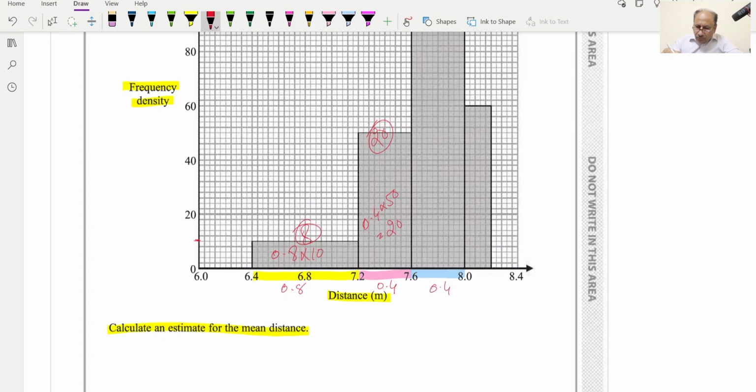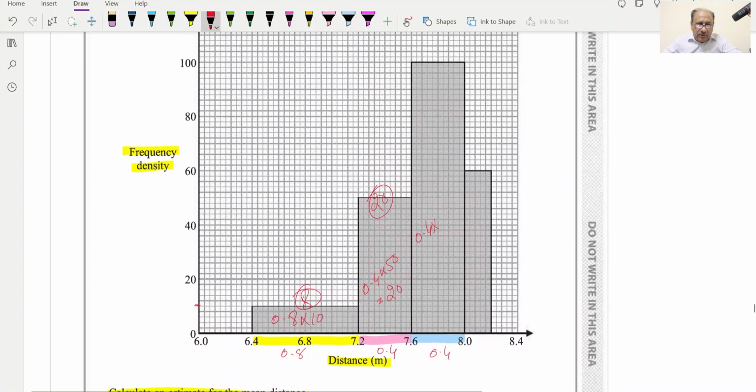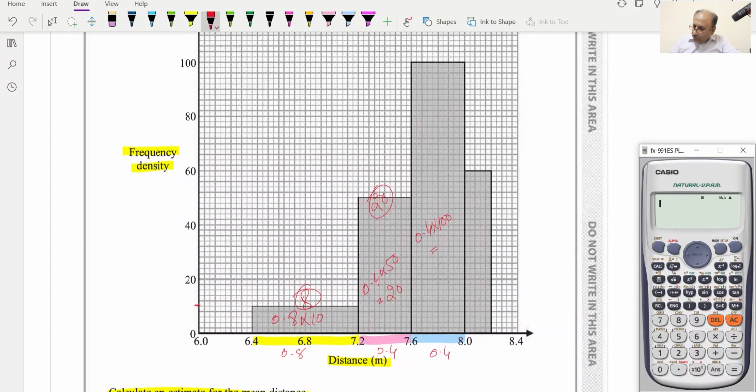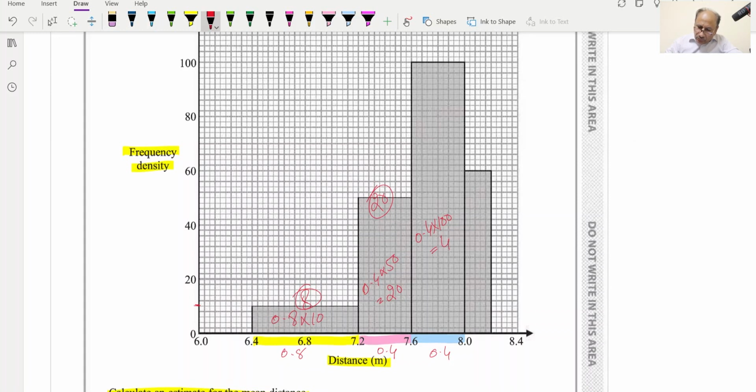So 0.4 multiplied by the height, which is up to 100, so 0.4 multiplied by 100 will be equal to 40. So this bar will be for 40.